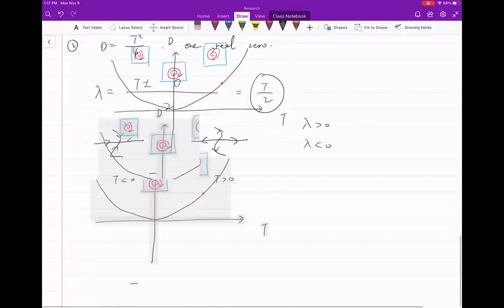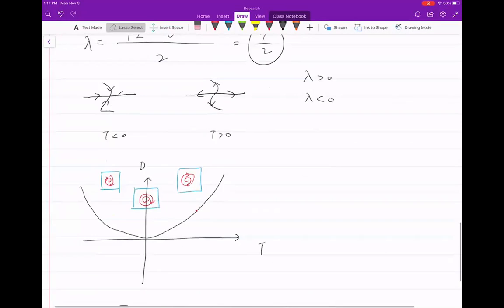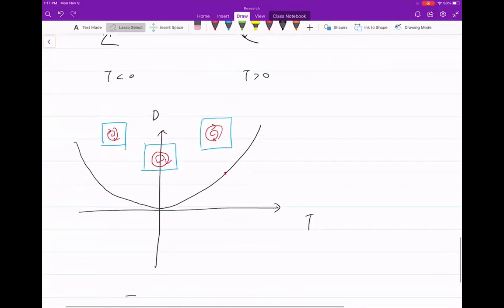We add two more images to this graph. That is, if you are right on the parabola, if you're on the right, you will be a source. If you're on the left, you will be a sink.